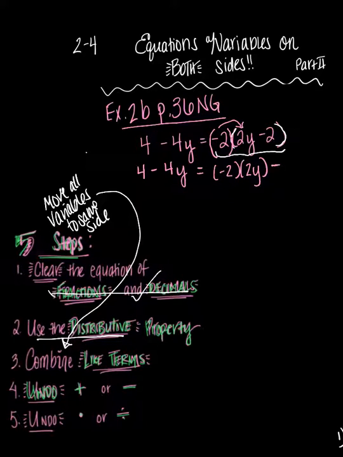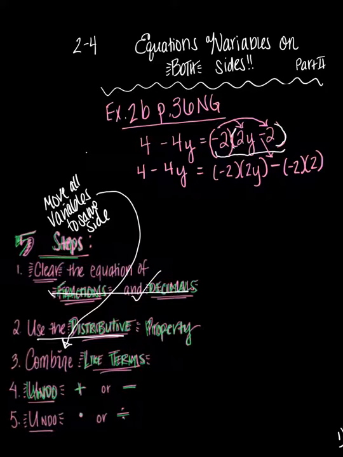I'm going to keep that sign. That's got to come down. And then I'm going to take this -2 and I'm going to multiply it by the 2. Protect your negative. Okay, so at this point, by the way, you also could have written this as positive and negative here.